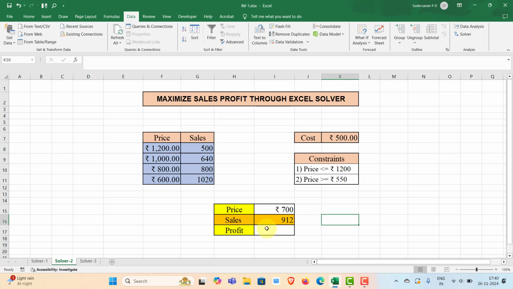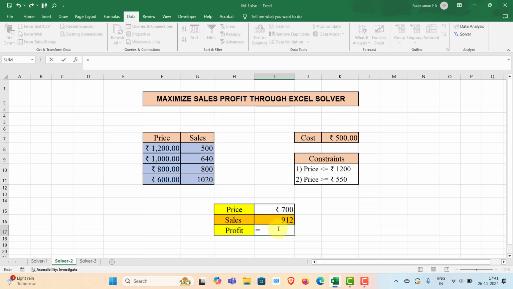So profit I am going to calculate here. How do you get the profit? Price minus cost multiplied by number of units sold. So sales I am getting here. So price minus this cost multiplied by sales will give the profit. So I'll write the formula here. This is going to be our objective function.